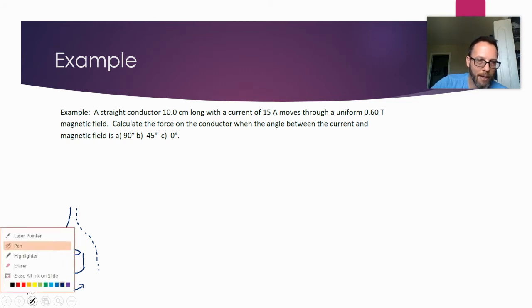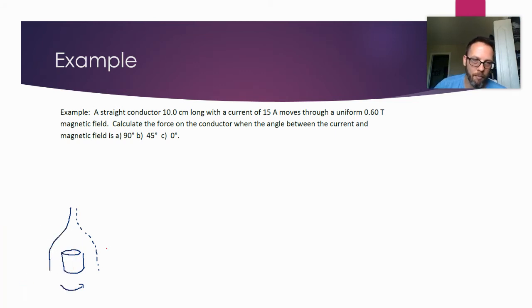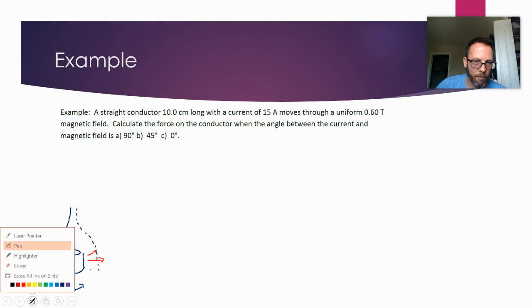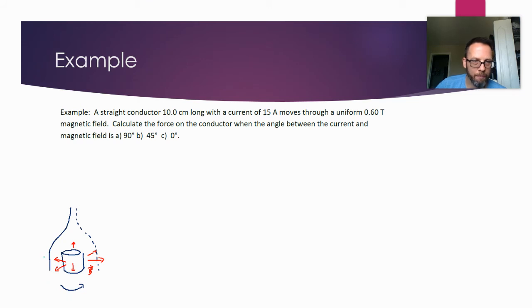This magnet is creating some magnetic field, that's B. And the current in the wire, it doesn't really matter which way I have it flowing. Say the current's going that way.